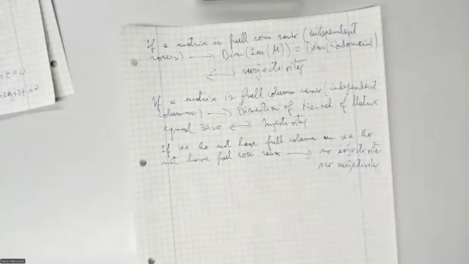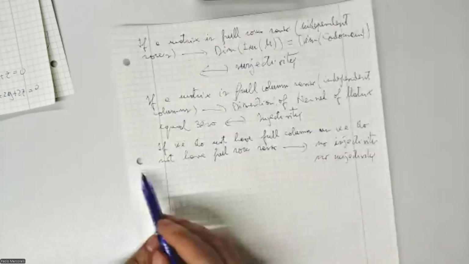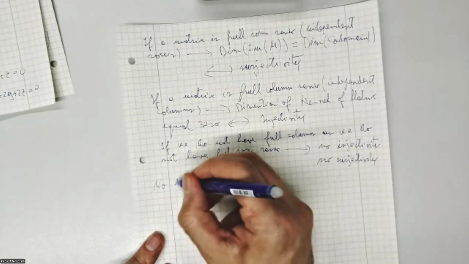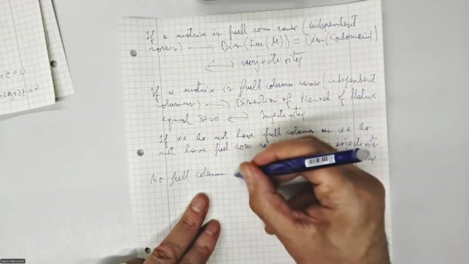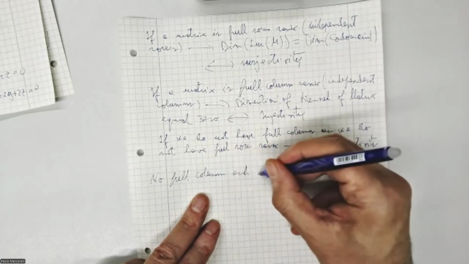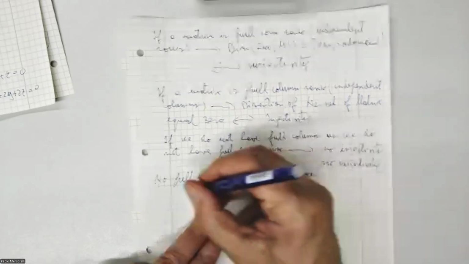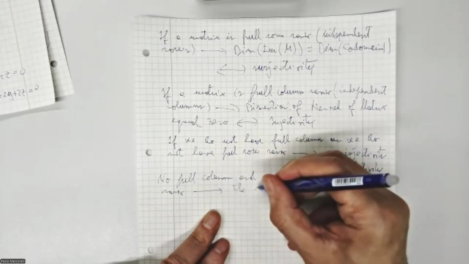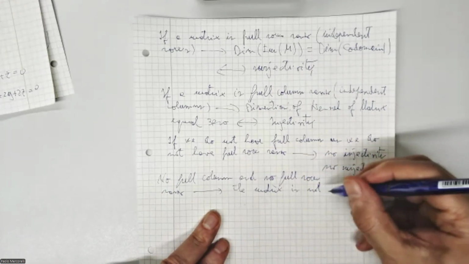Both are not satisfied. Of course, if both are satisfied, we have it. In this case, no full column rank and no full row rank, we say that the matrix is not full rank. If you lose both, no?